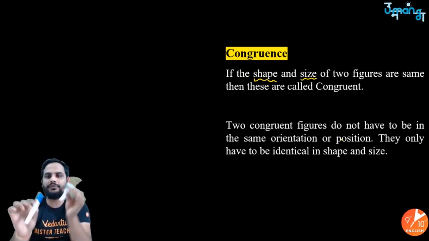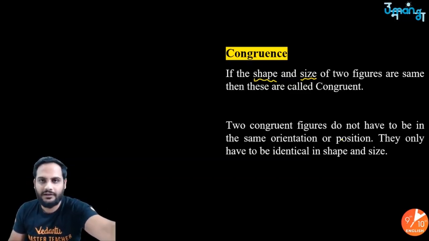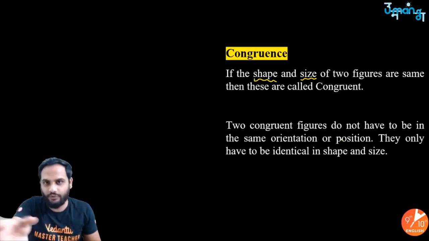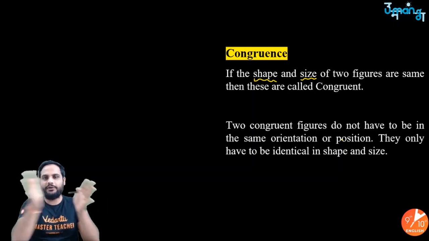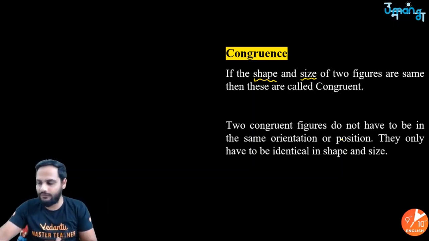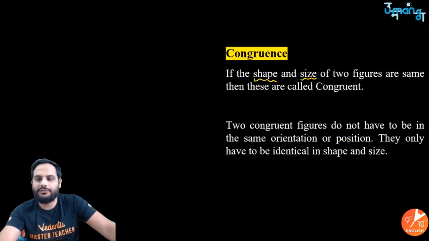But they can be in any position you want, right? Position can be anything, but congruency means the shape and size should be the same. Even after rotating or twisting, whatever you want, the shape should be able to overlap. So two congruent figures, always remember, they always overlap each other, right? They only have to be identical in shape, same shape and same size.